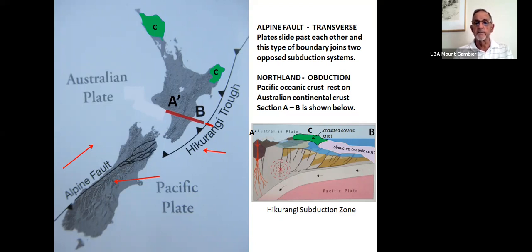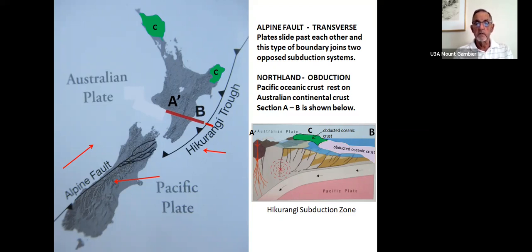So the Alpine Fault is technically a transverse fault, but because it's a plate boundary called a transfer fault, it's transferring reversed subduction between north and south. And the plates, however, do slide past each other. We say that this type of boundary frequently joins two opposed subduction systems, or maybe two opposed oceanic rises.